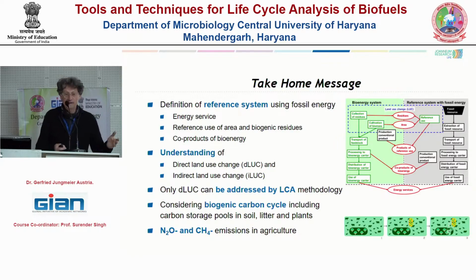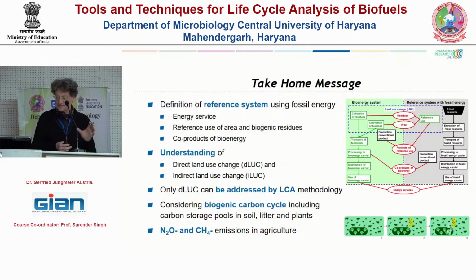I hope I could explain you the understanding of land use change, indirect land use change, and direct land use change, that these are relevant effects that can be included in LCA but must not always be included, and only the direct land use effects are really part of LCA, where indirect effects are even much more complicated and not directly part of LCA.